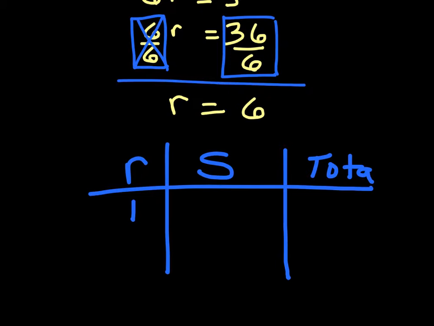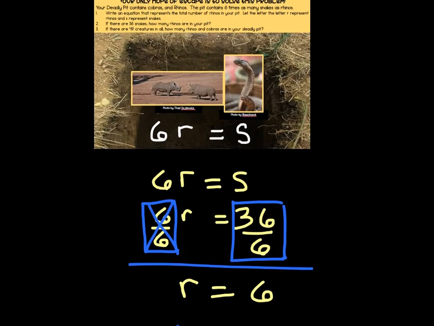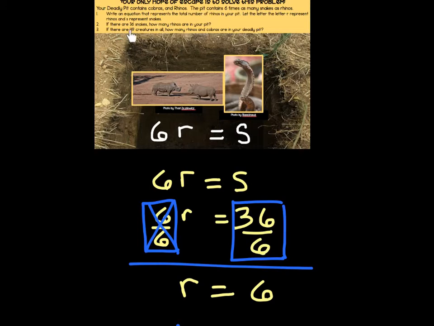1 rhinoceros times 6 gives me 6 snakes, right? And then if I total this up, I'm going to get 7, right? Because 6 plus 1 is 7. And then I know that there's going to be 7 creatures in that deadly pit with this ratio right here. So then what I'm going to do is I got to look up here and go, okay, what times 7 will give me 49?